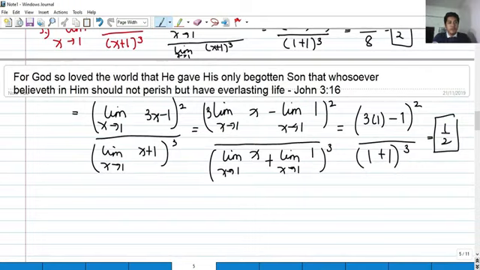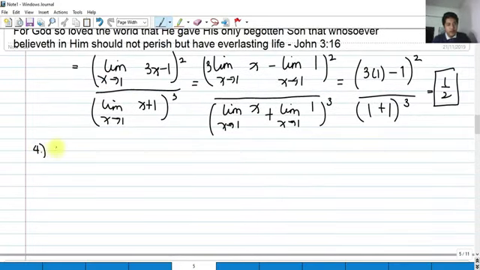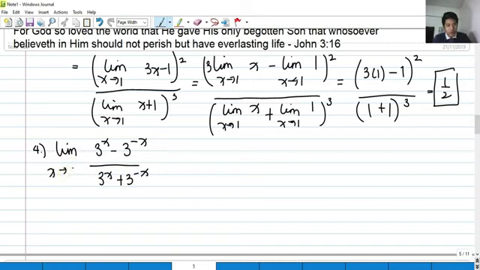So for the next problem, we have number 4. The limit of 3 raised to x minus 3 raised to negative x, over 3 raised to x plus 3 raised to negative x, as x approaches 0. So let me just rewrite this. I don't want to have any exponent that is negative, so let's simplify that first.